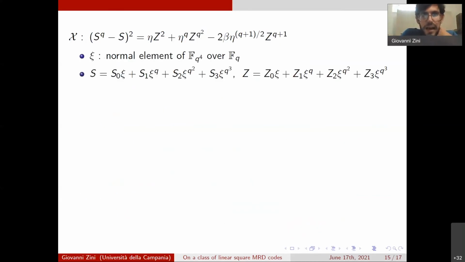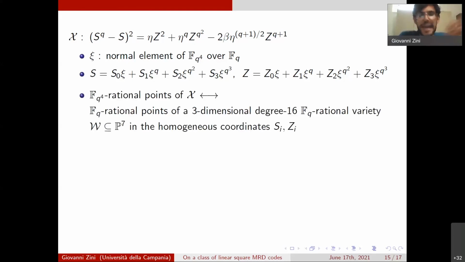Well, briefly, what we did. We write the coordinates s and z on a normal basis of Fq^4 over Fq, so that when s and z are in Fq^4, Si and Zi are in Fq. And we connect the Fq^4 rational points of X with the Fq rational points of an algebraic variety, say W, in the homogeneous coordinates Si and Zi.